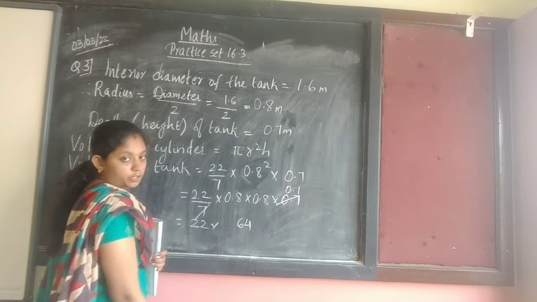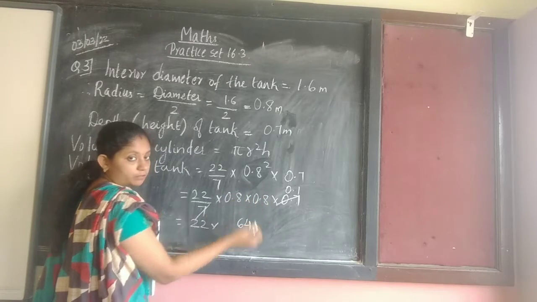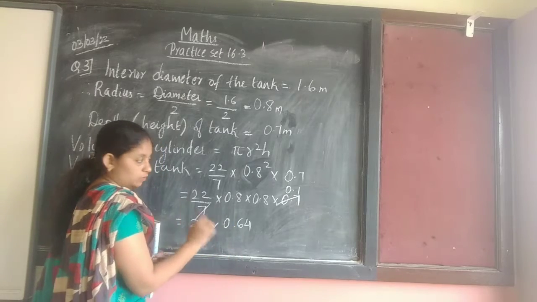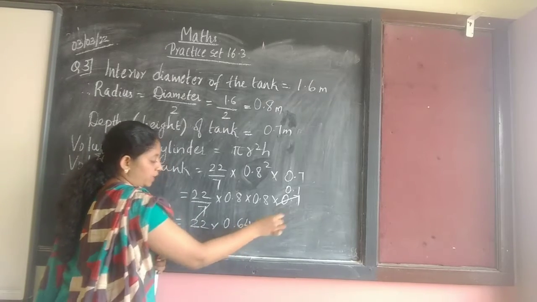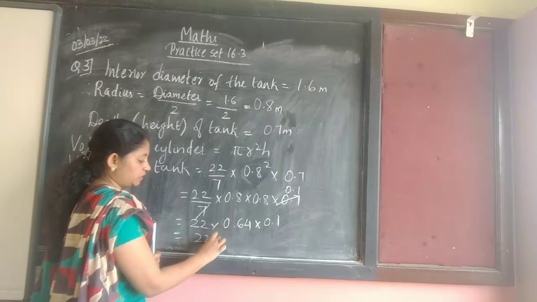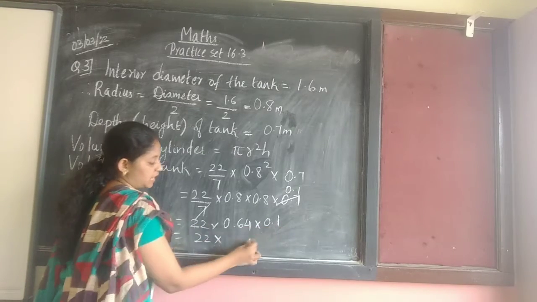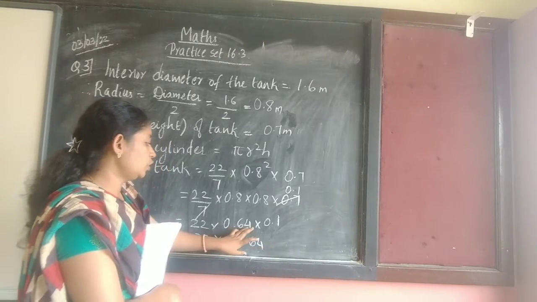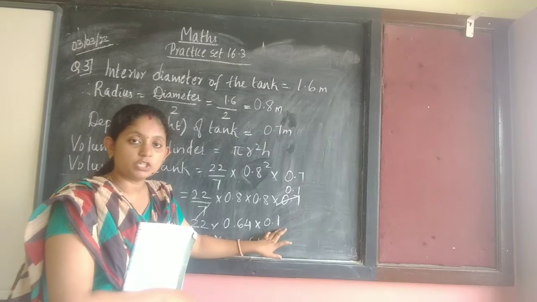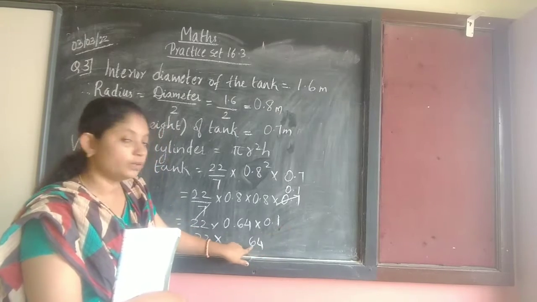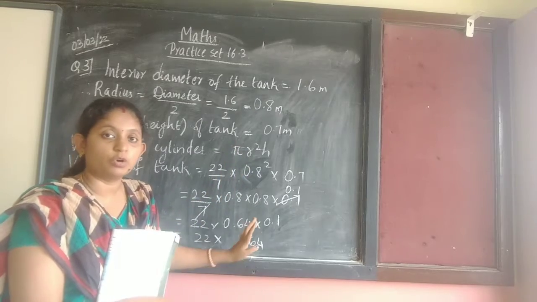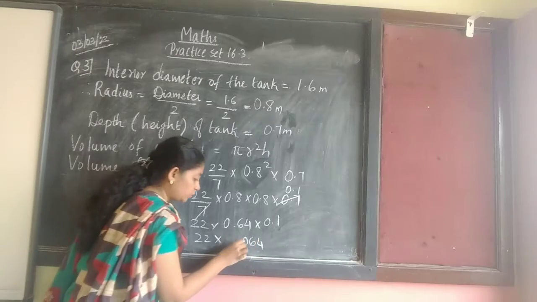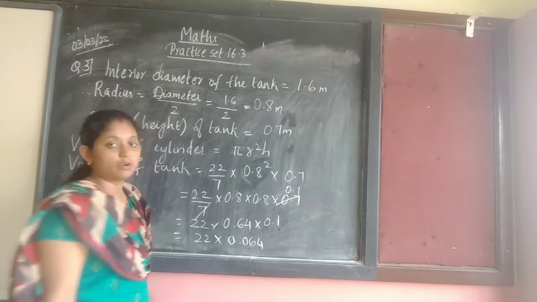Write that number and then put decimal point before one number. Total before two numbers you are going to put a decimal point and put a 0 into 0.1. 64 ones are 64. Now how to put the decimal point? Check how many numbers? 1, 2, 3. So before 3 numbers you are going to put decimal point, correct? So here only 2 numbers are there. So as in the previous sum, I told what to do? Put a 0 on the left side. So now we have 3 numbers, then put the decimal point and a 0.